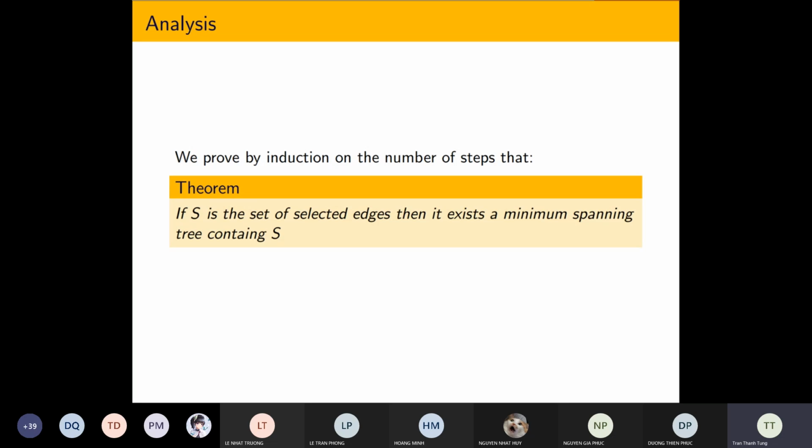If I continuously take the best option, then when we finish and terminate the algorithm, we will have the minimum spanning tree, meaning the set of smallest edges that forms a tree.